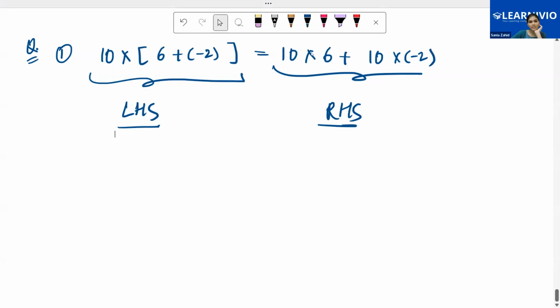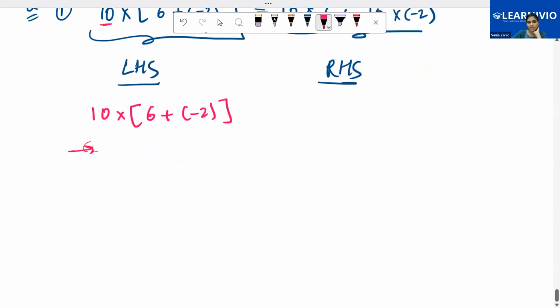So see, this is actually the property that I just now taught you. This is the distributive property. 10 is being multiplied with 6 plus minus 2. So when I open it, I will first multiply 10 with the first number, so 10 multiplied with 6. Then I will put the center sign, which is plus.